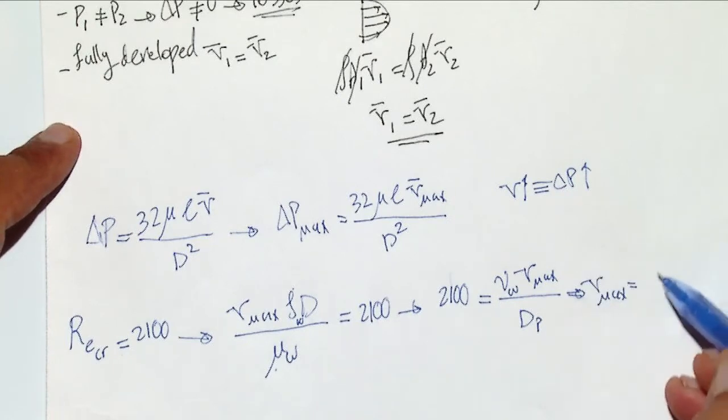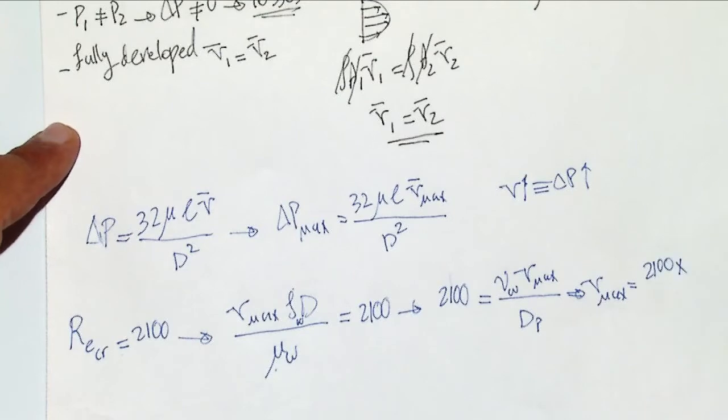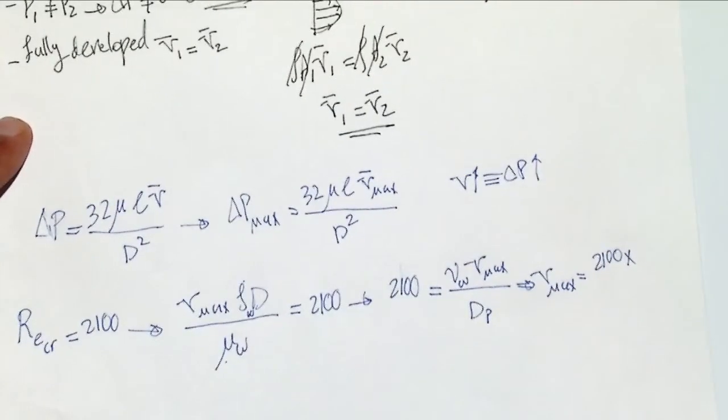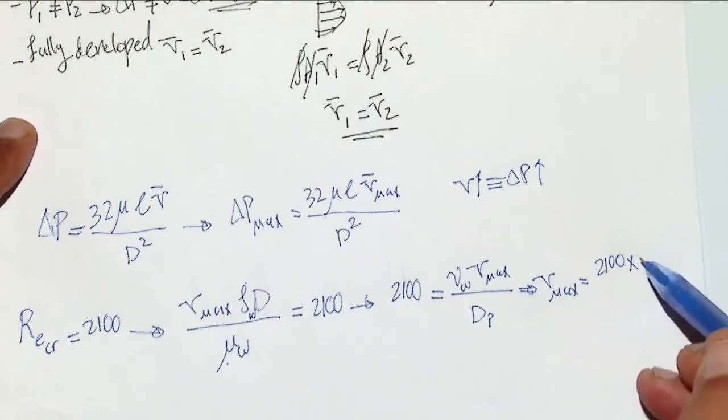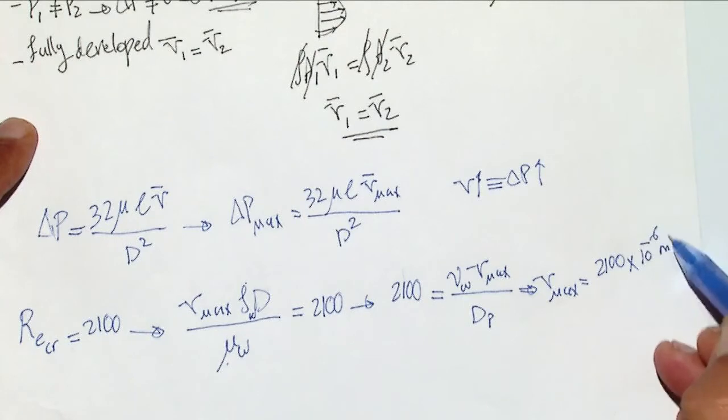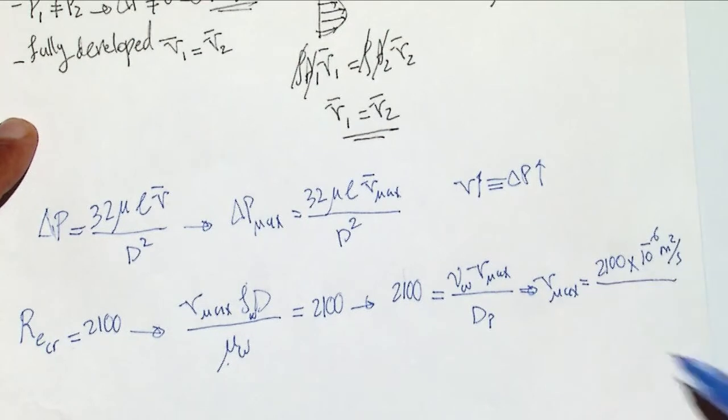can be easily found from 2100, which is the maximum critical Reynolds number that you can have for a laminar flow. The nu of water is given as 10 to the power of minus 6 meters squared per second, and the D is given as, oh, I made a mistake here.